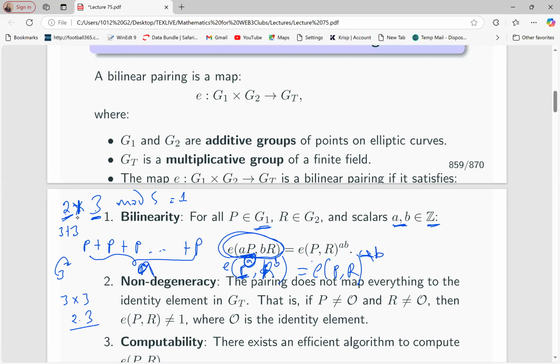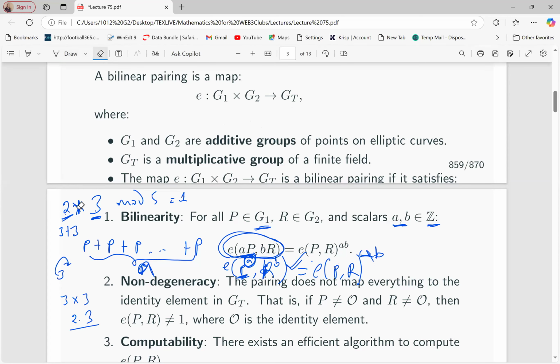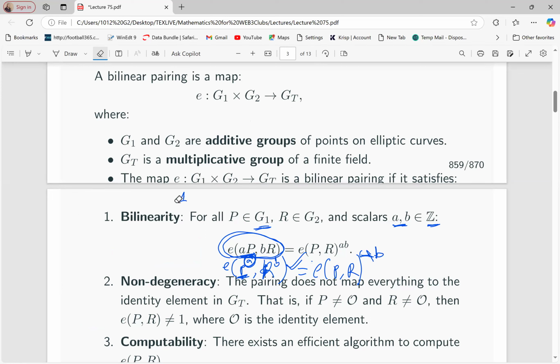But when you read books, you find them expressed sometimes this way, which is not very much okay, because we are talking about an additive group. But once you realize that you're talking about an additive group, then you must know how to interpret it: it means that you're just adding P to itself A times.